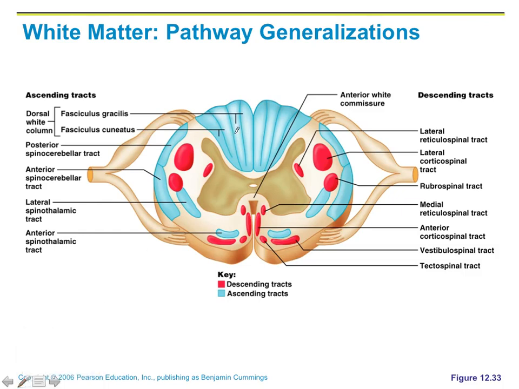So this part is called the dorsal white column. The dorsal white column contains two parts: the fasciculus gracilis and the fasciculus cuneatus. This is cuneatus, and this is gracilis.